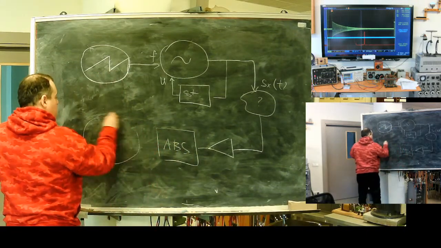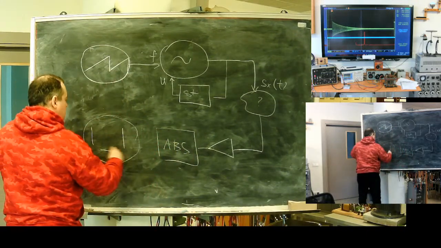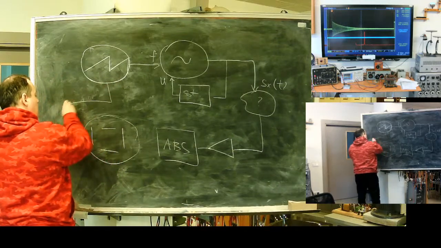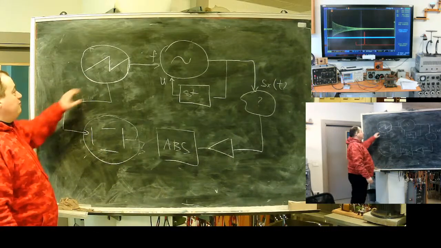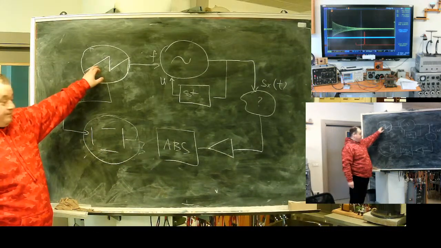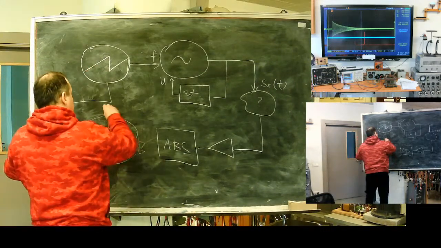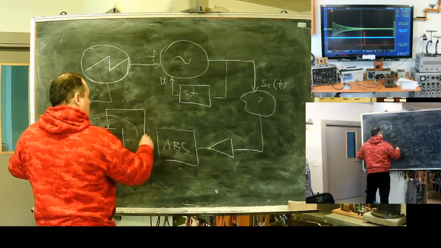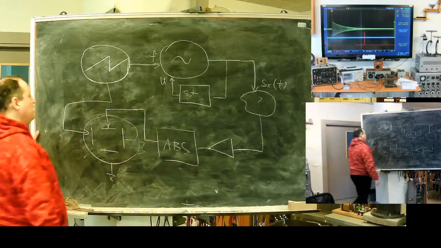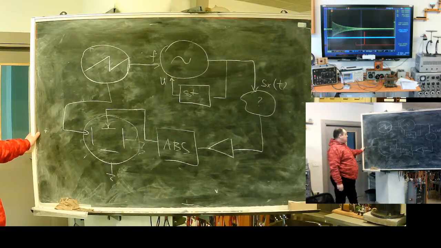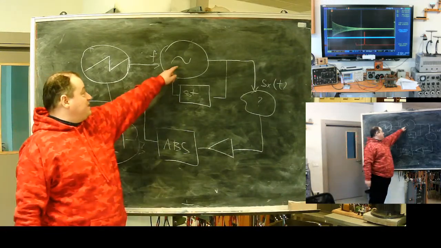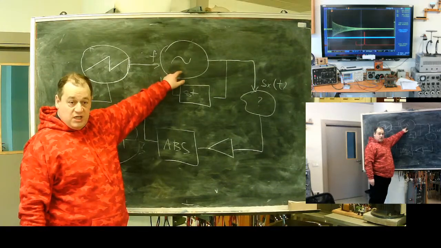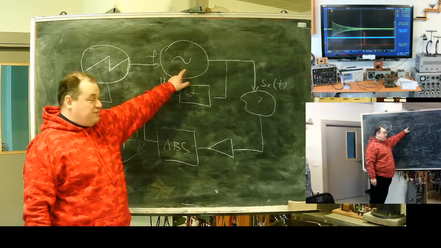Now, let's take a cathode ray tube. Horizontal movement will be from this generator. Vertical movement is the network response. What will we get? Horizontal movement is time, but it's the same time in which this generator frequency changes, the so-called sweep generator.